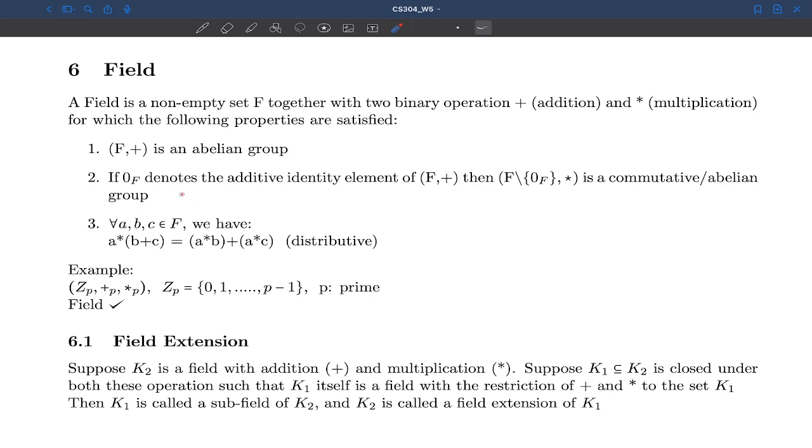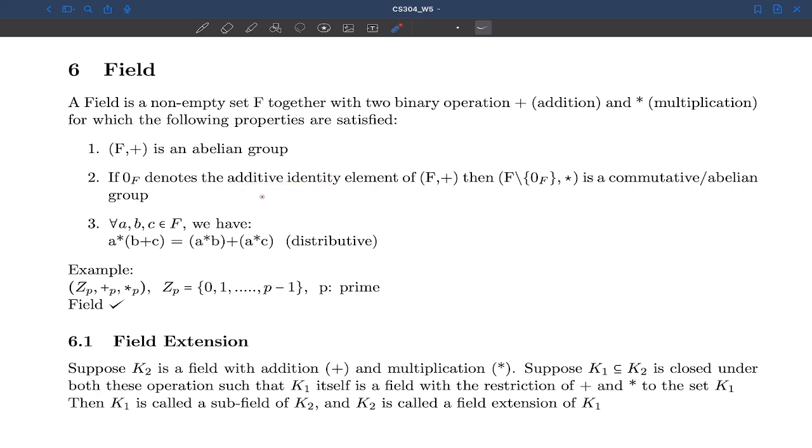The second property is if 0F is an identity of my first operator. Here my first operator is plus, so for plus we have an identity 0, but if there is any other operator, then for that operator I could have another identity. Since I am considering plus, I have the additive identity.